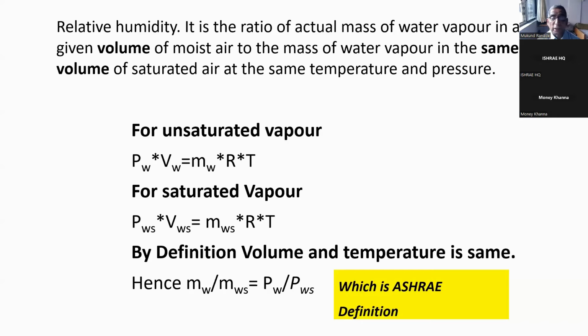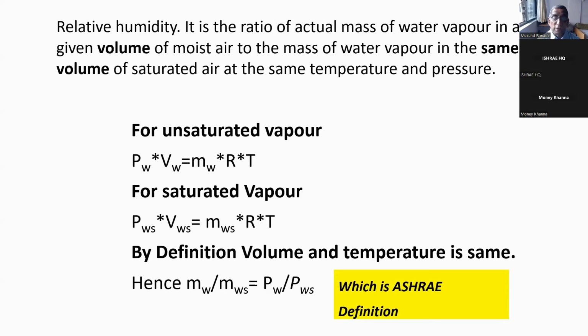Now, by the definition given above, even the volume is constant. So if I take the ratio of the left-hand sides of both equations, that is PW upon VW divided by PWS upon VWS, by definition both V are the same. So PW upon PWS will become equal to MW upon MWS because R and T are constant.